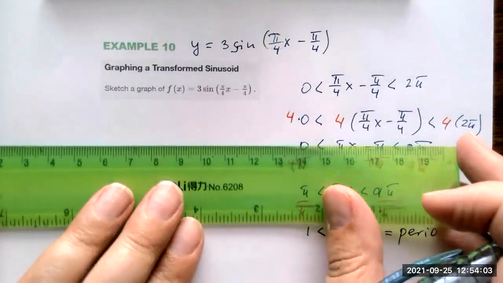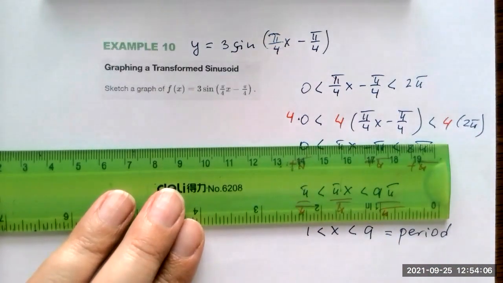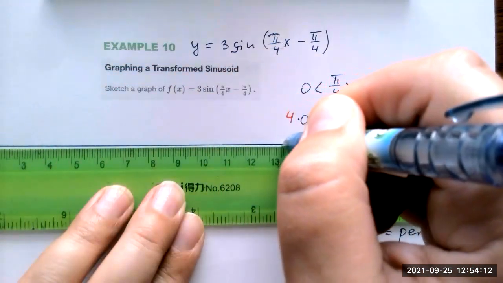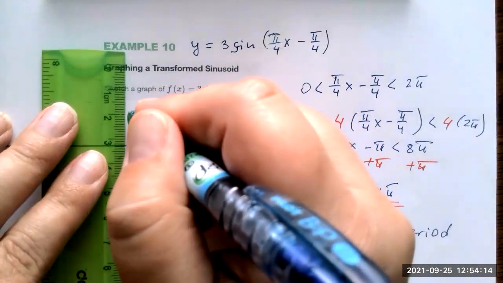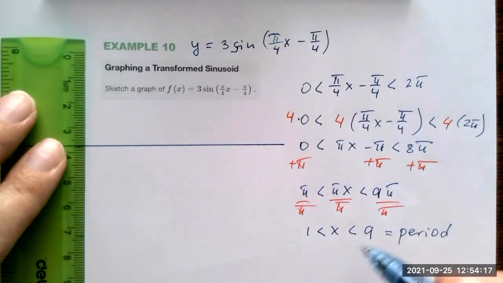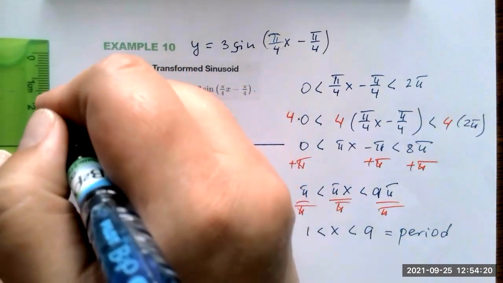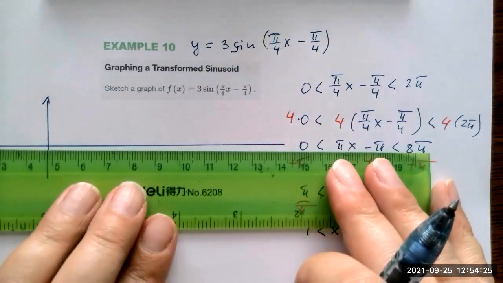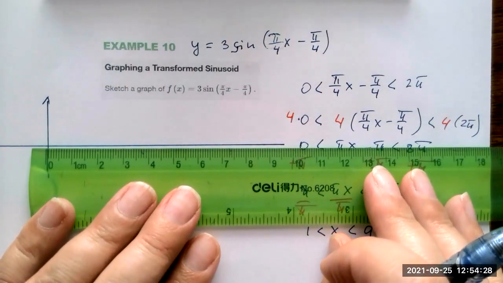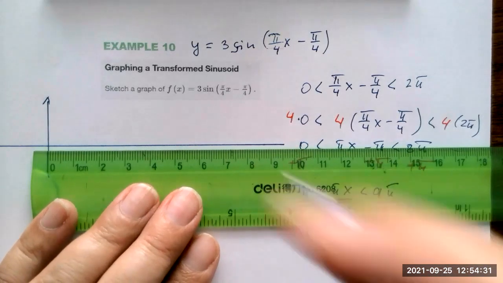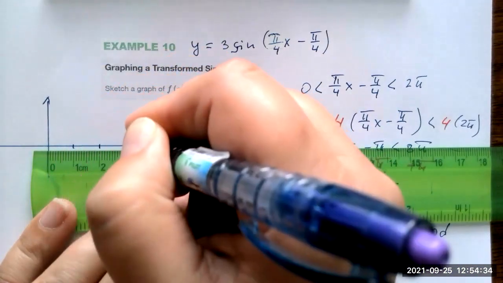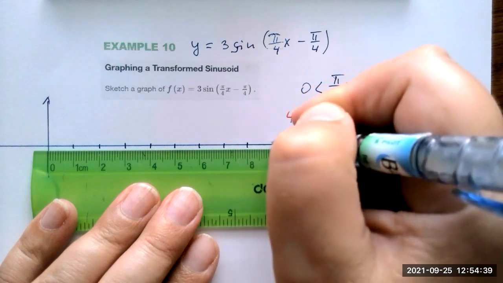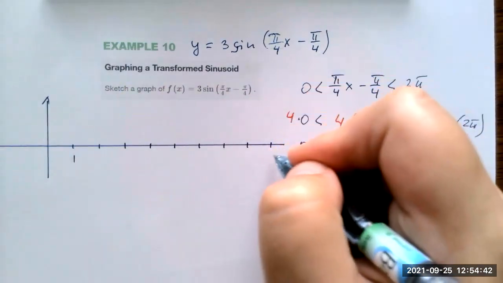We know the beginning and the end point of the period for this graph. So it's mostly on the right side, so I'm going to move my y-axis to the left. So I had more room for, do I have 9 here? Barely. Okay, good. Okay, so I have 1 and I have 9.